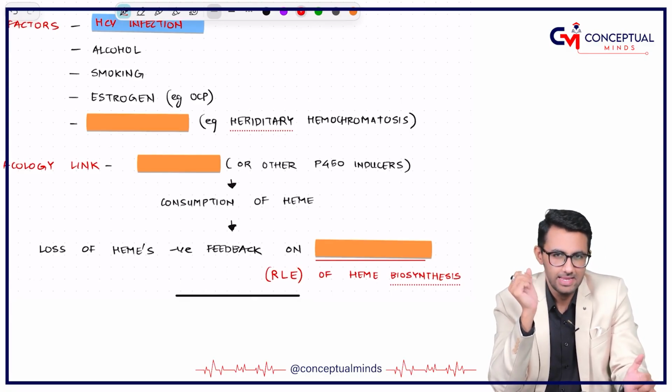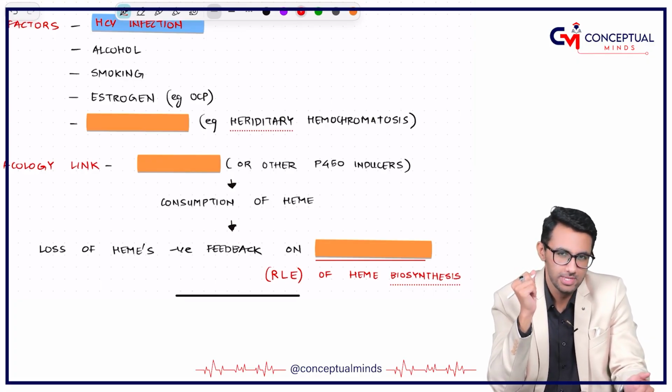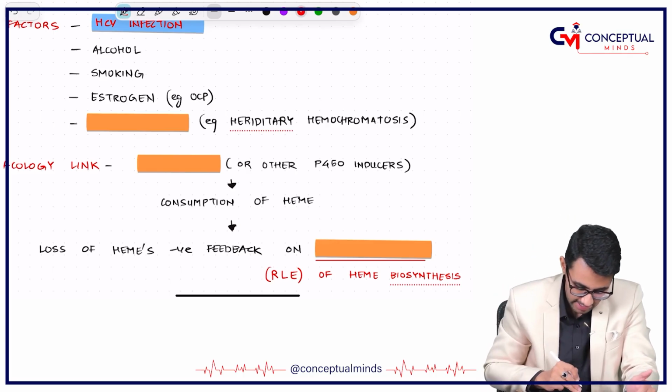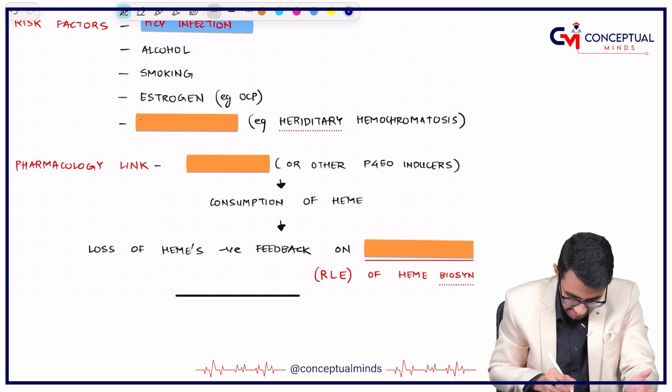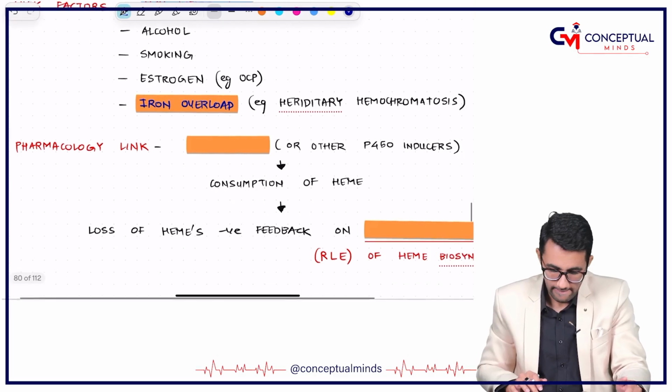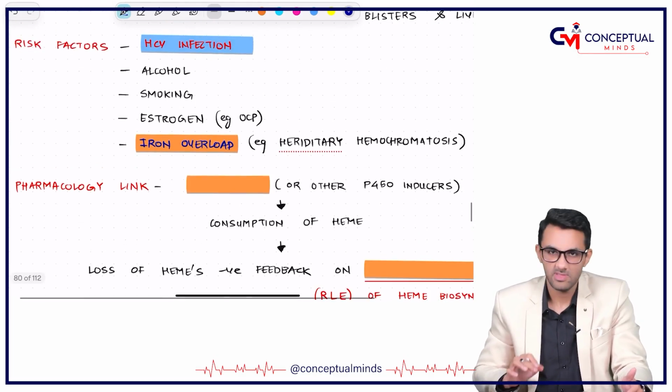What happens in that is there is iron overload, which could predispose to Porphyria Cutanea Tarda. So the answer is iron overload conditions.